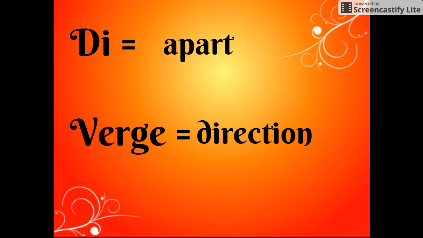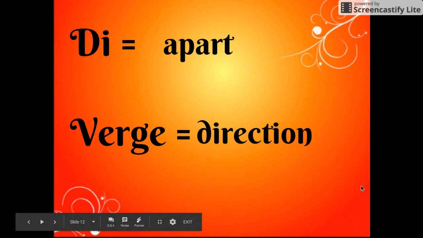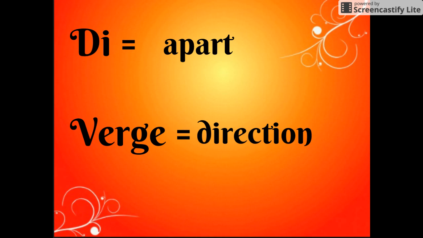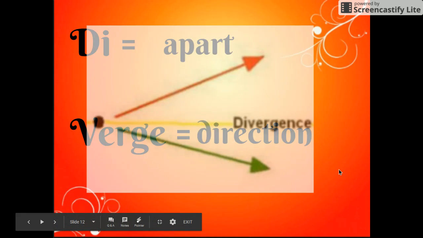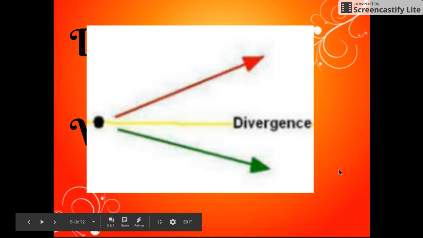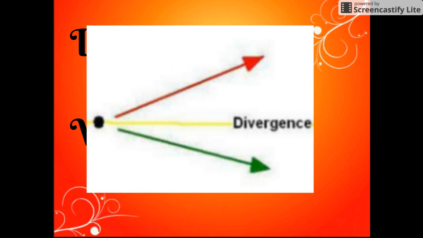So divergent means the directions actually start in the same place and then diverge apart. They go apart in different directions. So when you're looking at this, you're going to say the starting point is similar or the same, and then things kind of branch off and go in their own direction because they are moving in the direction apart, away from each other.